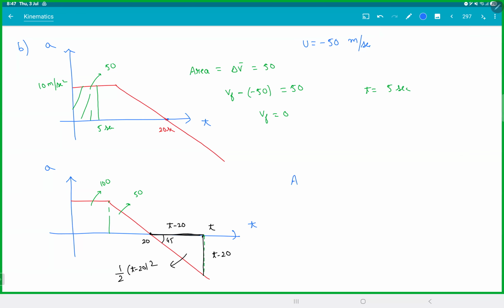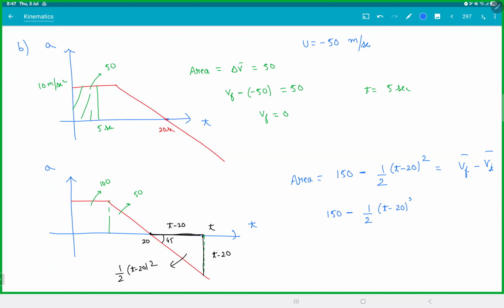Therefore, the positive area is 150. The negative area is half into t minus 20 square. So you're saying V final must be 0. So this is V final minus V initial. So this is 150 minus half into t minus 20 square.